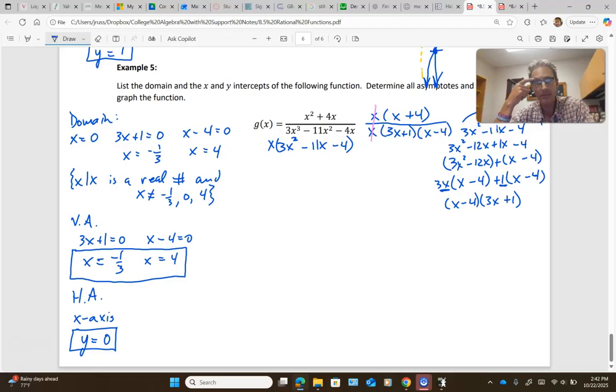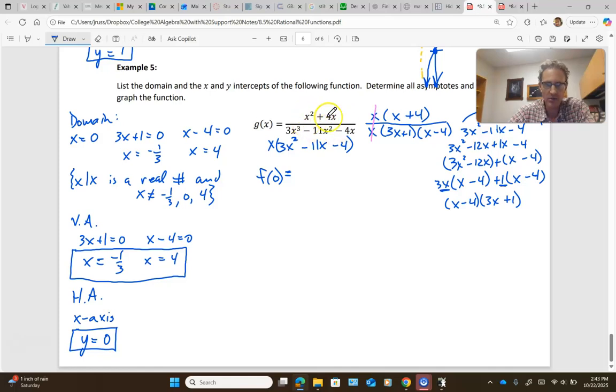All right, now let's find the y-intercept. This has one. The reason I said if it has one is because I know that 0 is not in the domain. So when I plug 0 into this function, it's going to become undefined. In fact, you can see this.